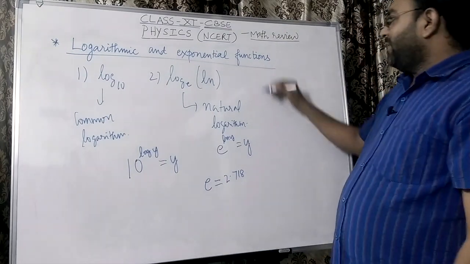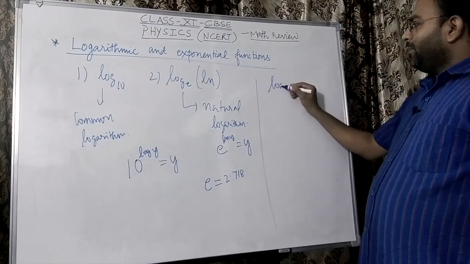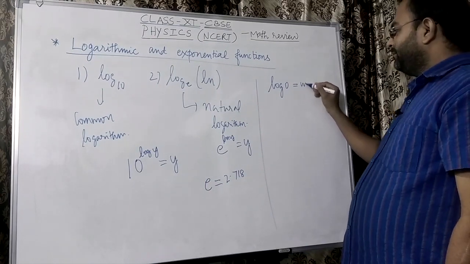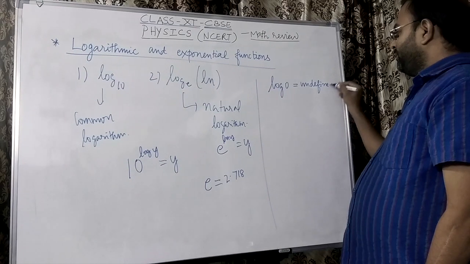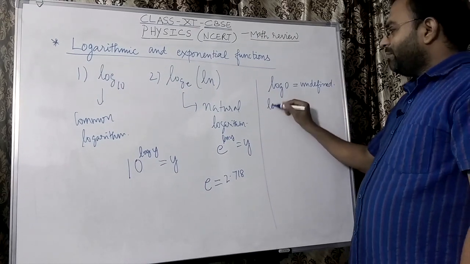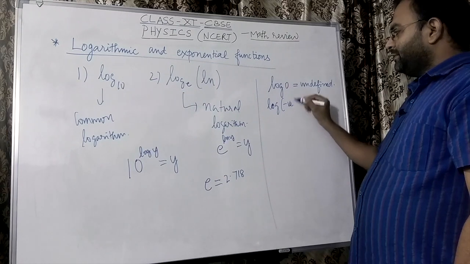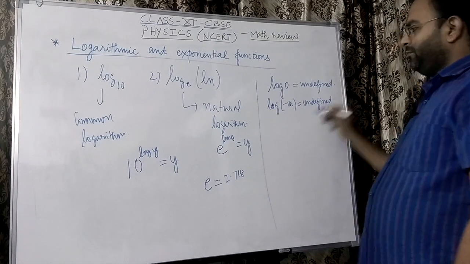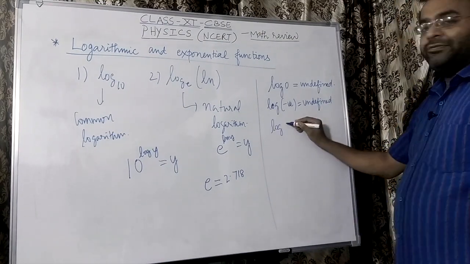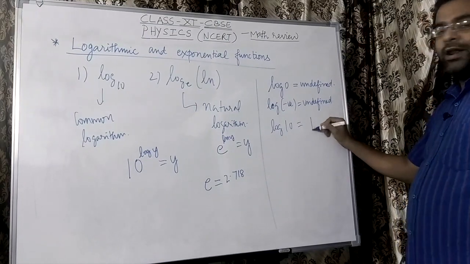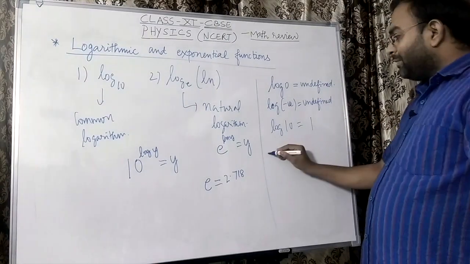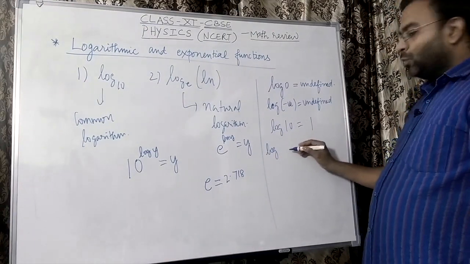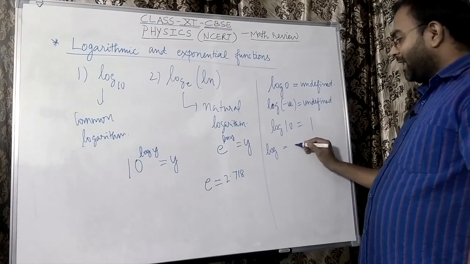Right. So, some very common things are logarithm of 0 is not defined, so it is undefined, and logarithm of any negative number is undefined, logarithm of 10 is 1, and logarithm of any number in the range of 0 to 1 will be negative.